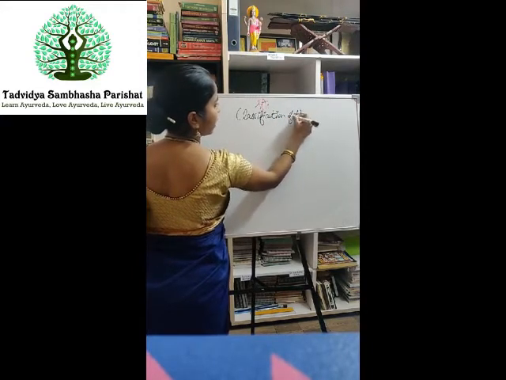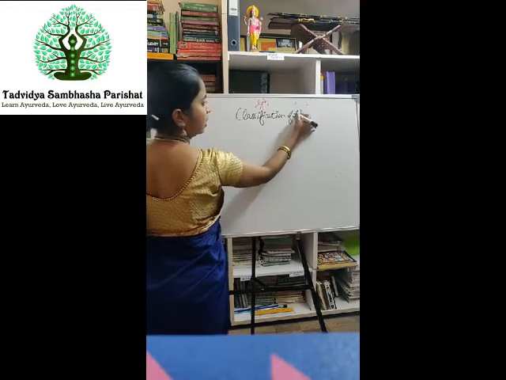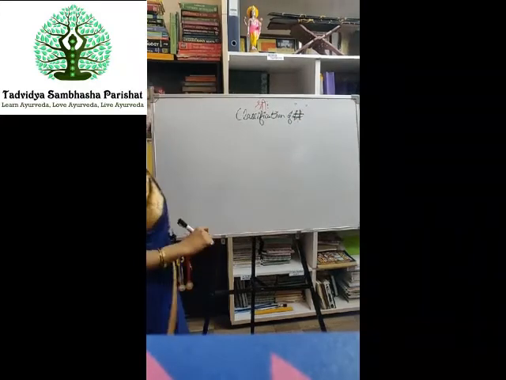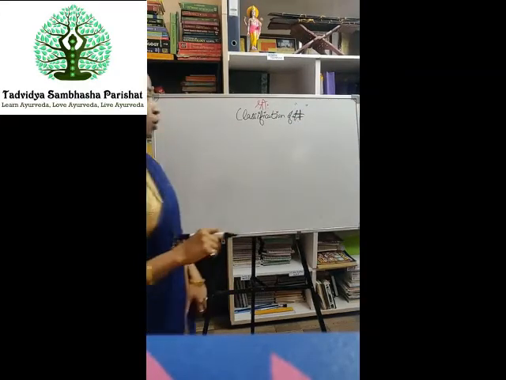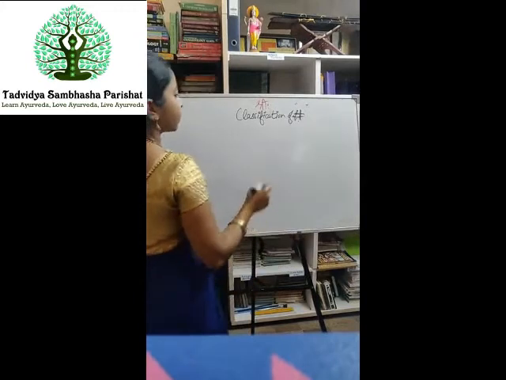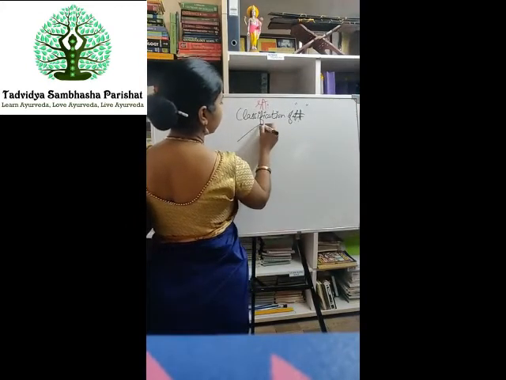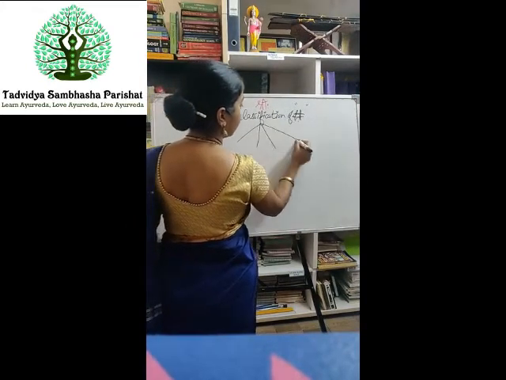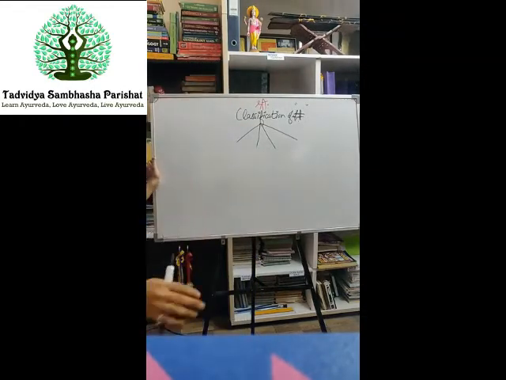I hope everybody is familiar with this symbol. This we use to denote any fractures. So moving to the classification of fractures. Now any fracture can be classified under 4 headings.